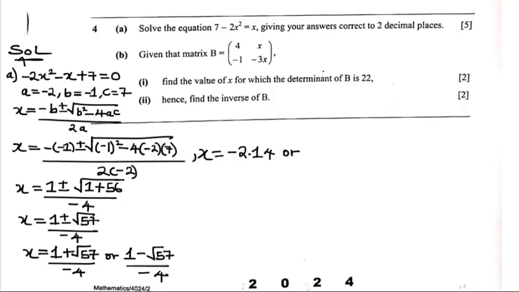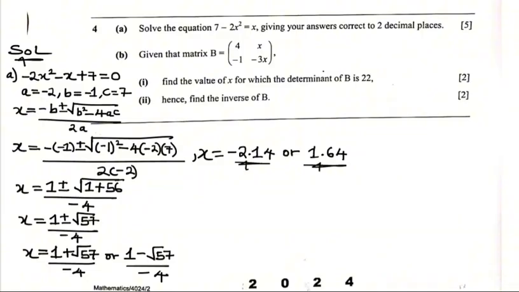For the next one, 1 minus square root of 57, then divided by negative 4. If you punch it on your calculator, we're getting 1.637458609. So if we round off correct to 2 decimal places, we get 1.64.